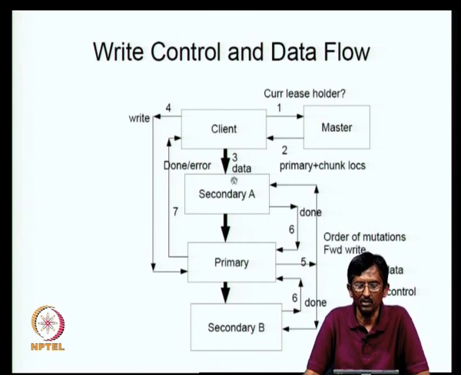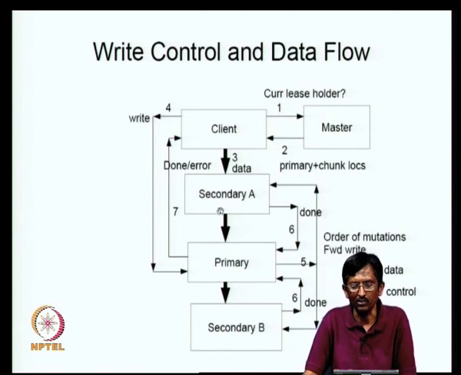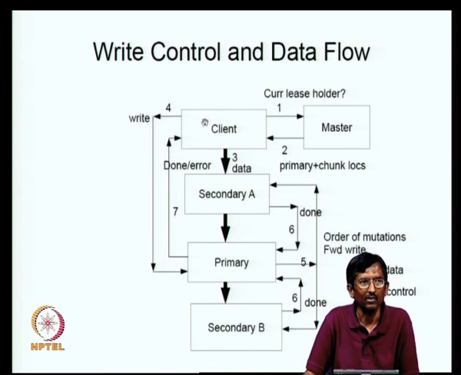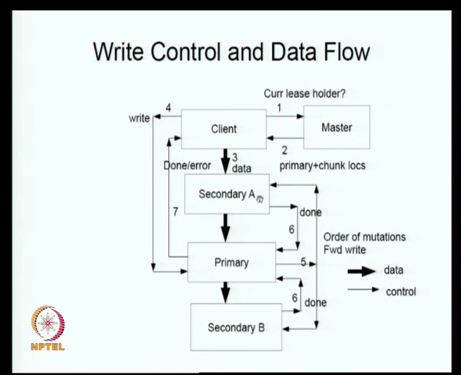Once all the locations, primaries and secondaries, report that they got the data, the client does the actual act of committing the writes, because all the data is sitting in some temporary area. Once the write starts, the primary decides on a particular order for all the mutations going on at the same time, and each of the secondaries writes them in the same order. Okay.